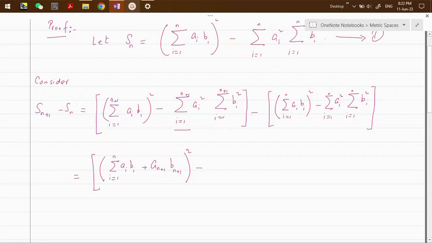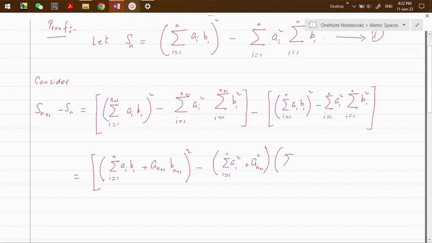minus, again we break this summation into two terms. First, for the summation of n terms, i from 1 to n ai square plus a n plus 1 square multiplied by, again we break this summation in two terms.